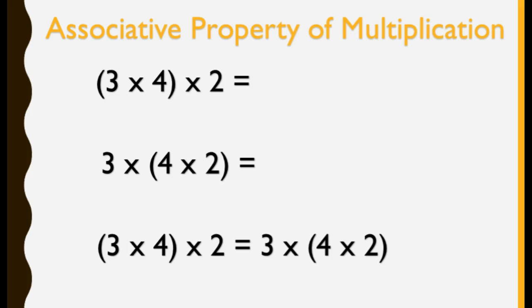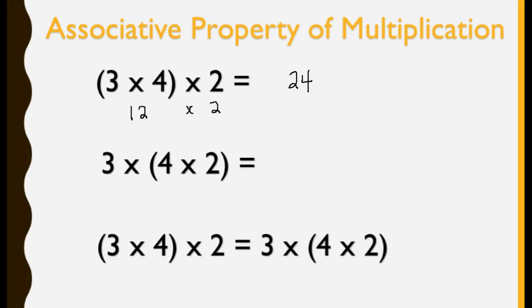So with the associative property, when they start to use the parentheses, that means that's the part you're going to do first. So here, let's take a look. If you change where the parentheses go, you're going to see that it doesn't change your answer. So 3 times 4, we'll start there, and then we'll say times 2 would be 24.